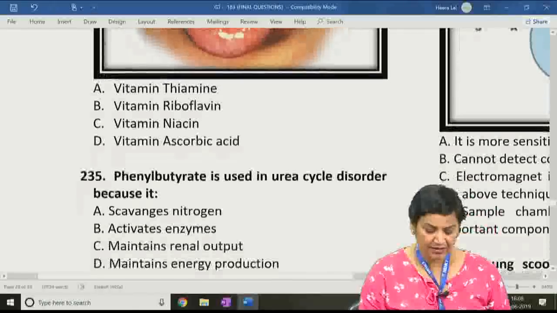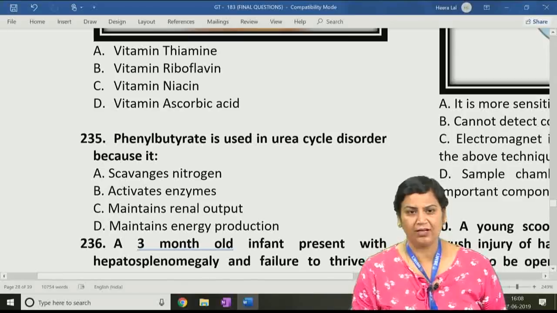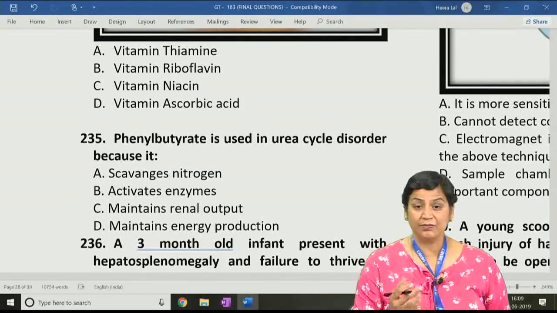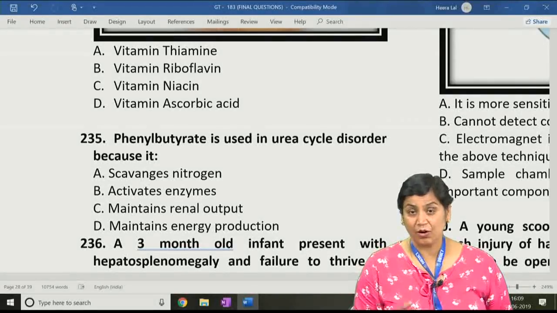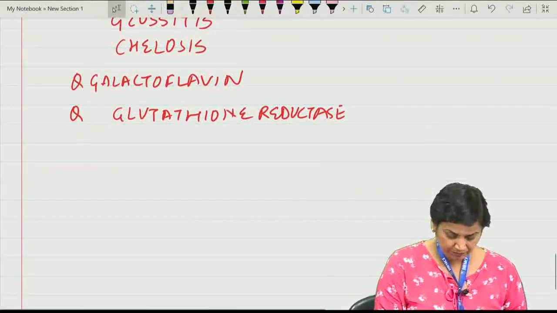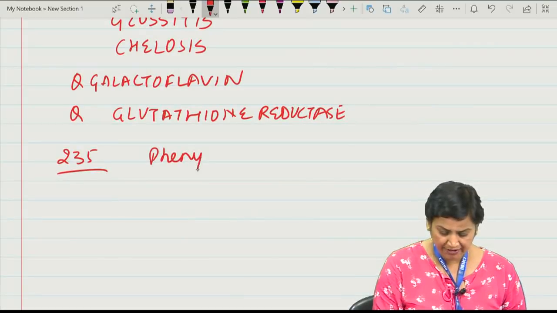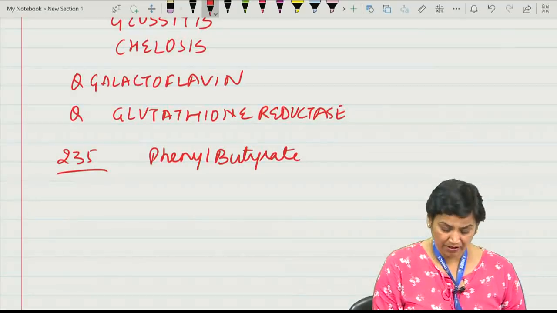Next question is phenylbutyrate is used in urea cycle disorder. Now this is again a very important question. Phenylbutyrate is also known as an orphan drug.